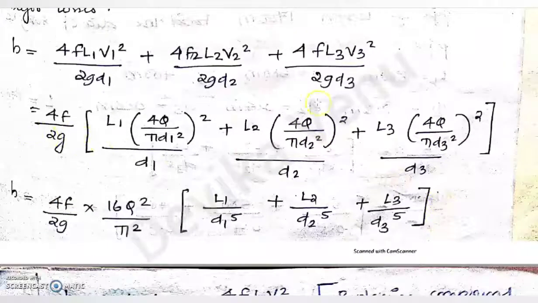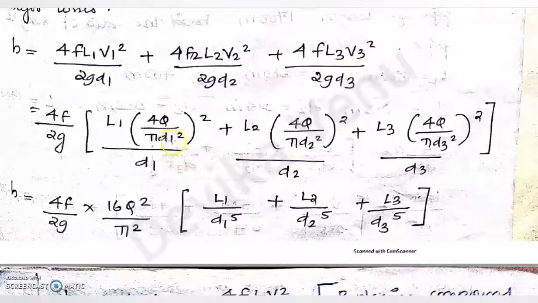Okay, and here this is the equation. So I am taking out the common terms. These are constant, that is 4 square Q square by pi square. This is common to all. So I am taking that out, that is 16Q square by pi square, 4 into 4f by 2g. So in the bracket it will be L1 by d1 raised to 5. How d1 raised to 5?